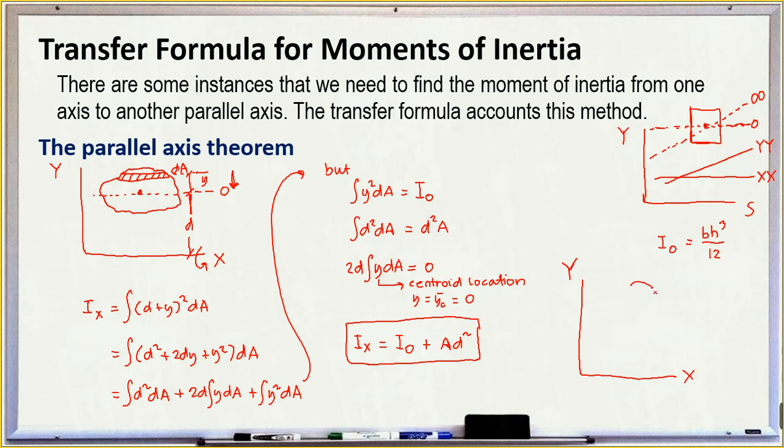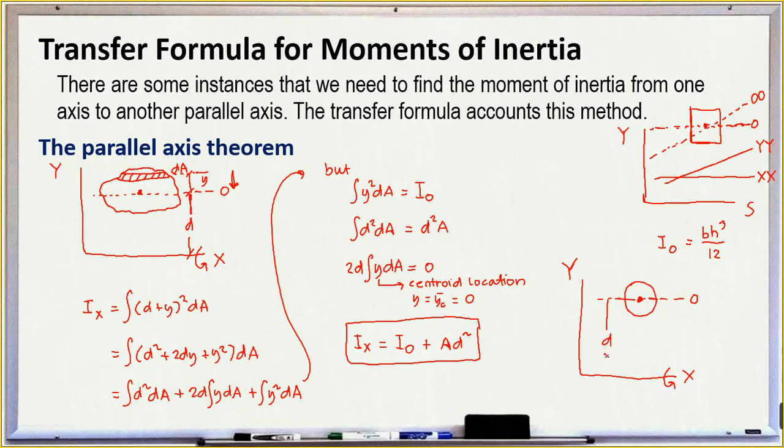If we have here a circle, then of course we have a centroidal axis passing through its centroid, this is O. If we look for the moment of inertia along the x-axis, we are given a distance.